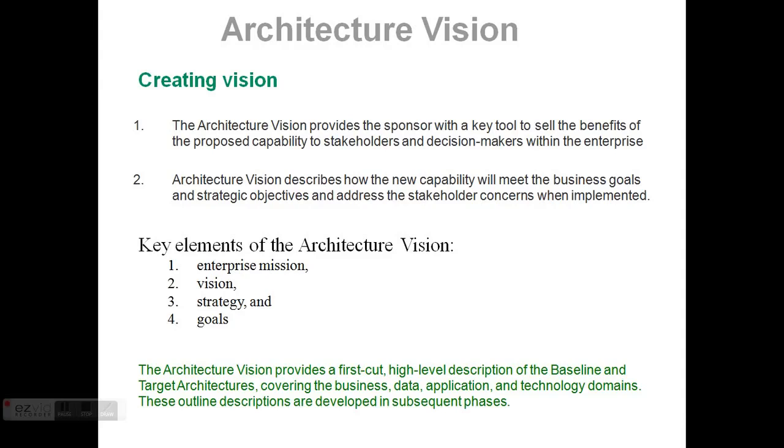Clarifying and agreeing the purpose of the architectural effort is one of the key parts of this activity, creating the vision. And the purpose needs to be clearly reflected in the vision that is created. Normally, key elements of the architectural vision, such as enterprise mission, vision, strategy, and goals, have been documented as part of some wider business strategy or enterprise planning activity that has its own life cycle within the enterprise somewhere else.